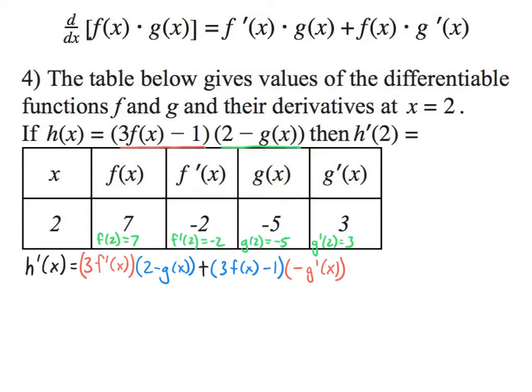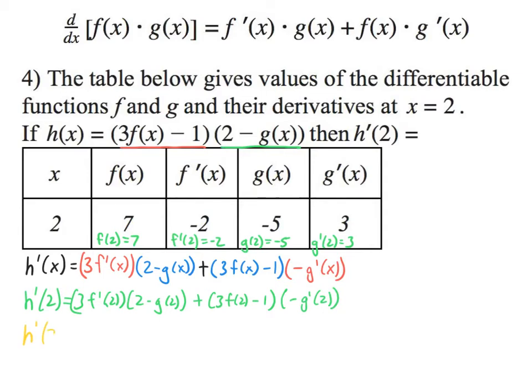So here we go. h prime of 2 is equal to 3 f prime of 2, times 2 minus g of 2, plus 3 times f of 2 minus 1, times negative g prime of 2. Okay, so let's see what happens here.